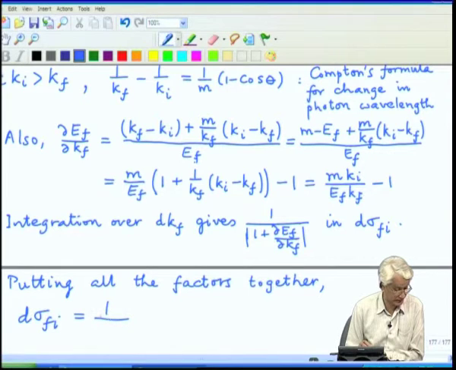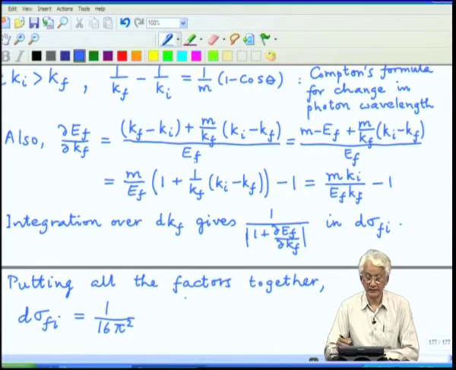There is 1 over 16 pi squared, which is fine.